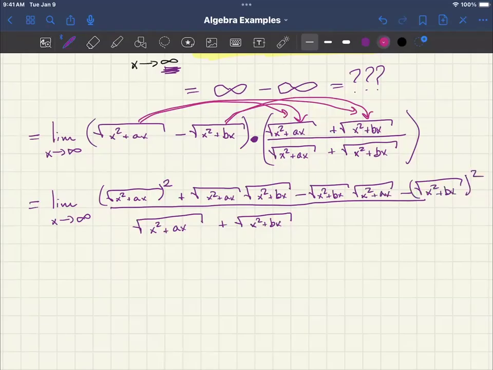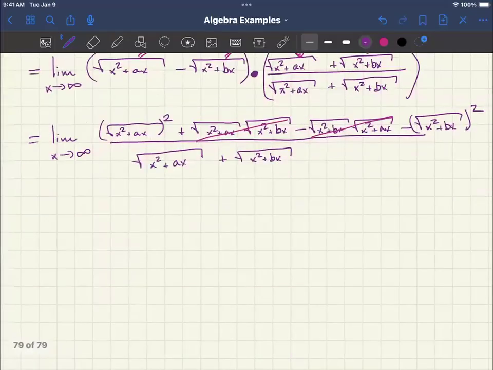Ooh, that does not look pretty at all, but it's going to get a little cleaner in just a second here. Notice on our inner terms, these two terms are going to cancel out because they're the same exact thing, except one is plus and one is minus, which makes our lives a lot better.